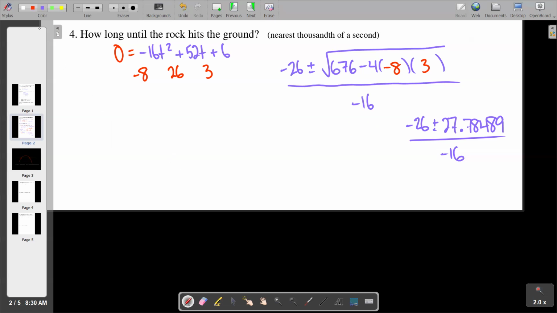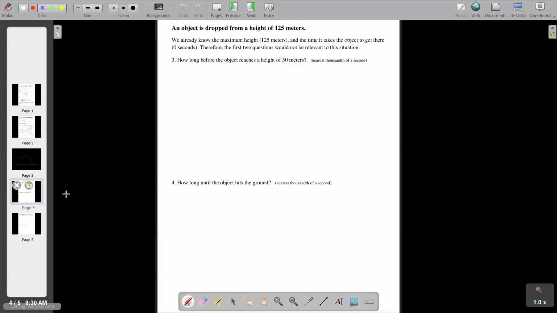So I figured out that the rock is going to hit the ground at approximately 3.362 seconds. Got it? So far, so good? Okay, let's head to the next page.